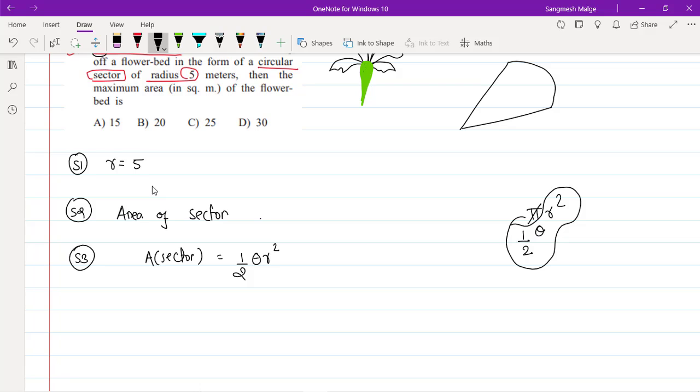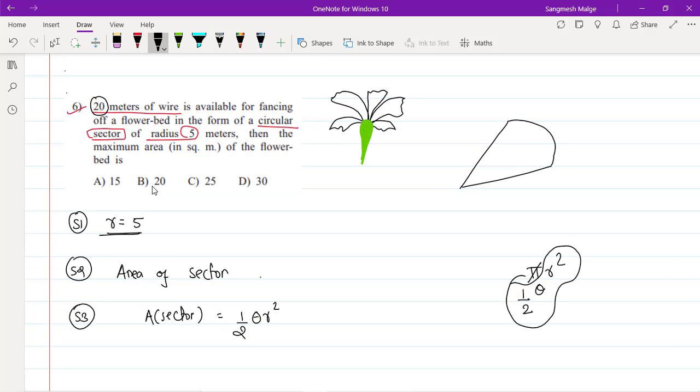So you have r but we don't have theta, but that theta they have given indirectly. See here, the radius is 5. If this is the sector and this is the initial origin, how much will this line be? How much is this distance?